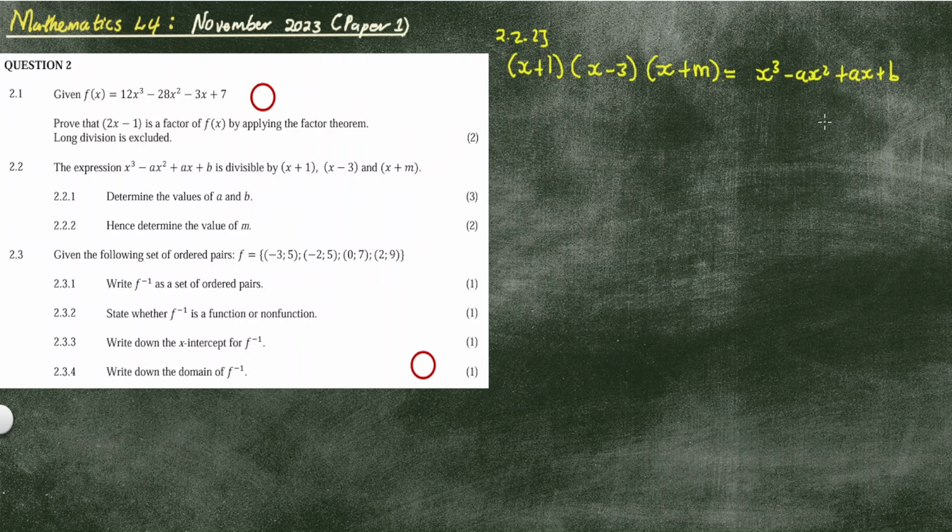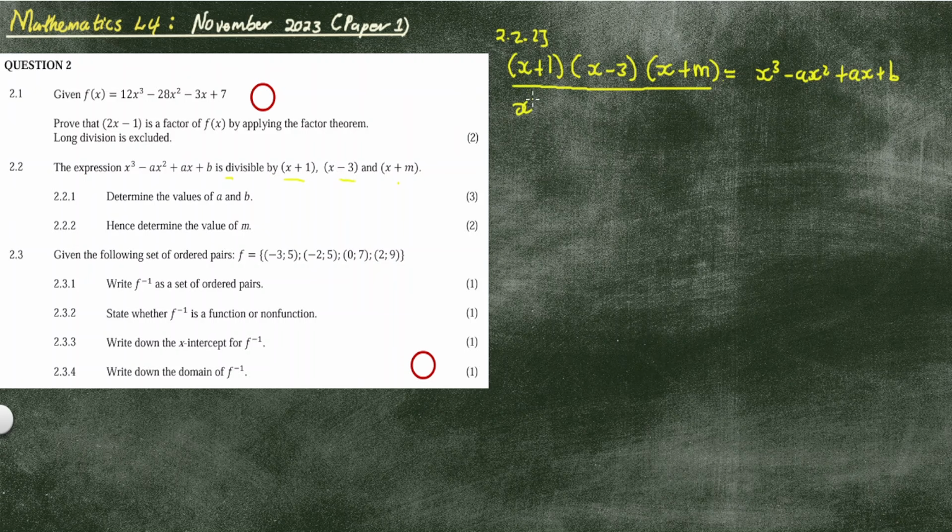How do I know this? I know this because we are told that these factors are divisible through this. They are factors, so when multiplied, they should give me back the original equation, okay? So let's try foiling this out.